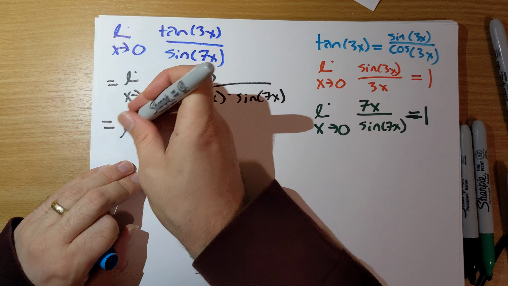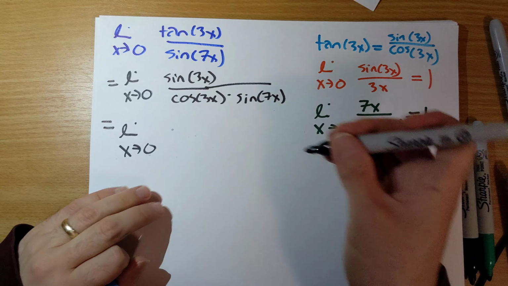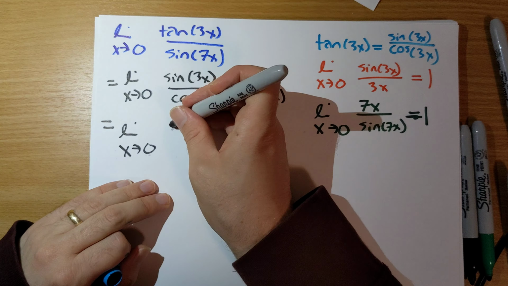And I'm going to write this as the limit as x goes to 0 of sine of 3x over 3x times 7x over sine of 7x times 3/7 times 1 over cosine of 3x. So my assertion is that this is equal to this.